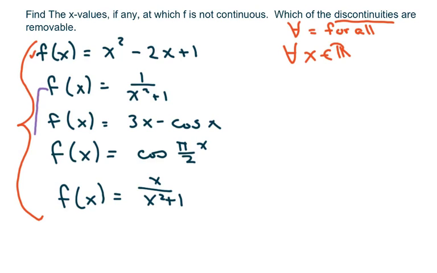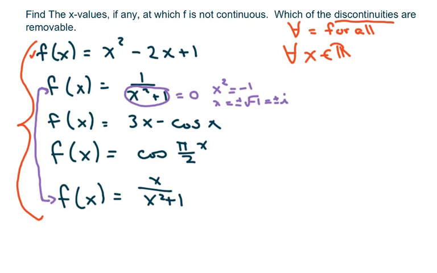So for example, these two right here, you would probably have to look at that and look at the domain. If you set the denominator to 0, you're going to get x squared equals -1. So x equals plus or minus square root of -1, which is plus or minus i.